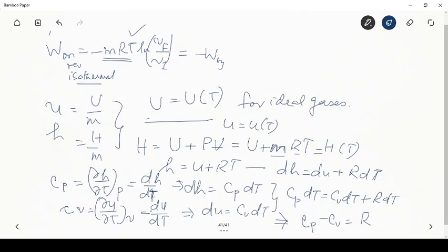The next one is that we always write this ratio of Cp by Cv as gamma. So this is the other one.